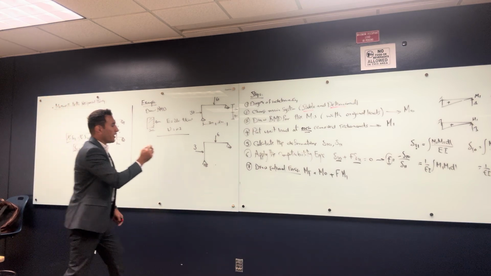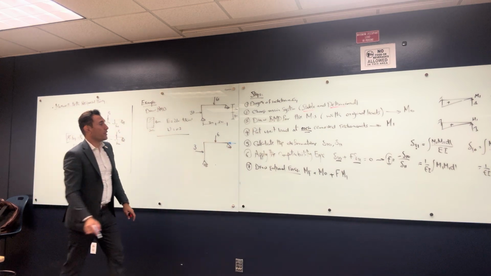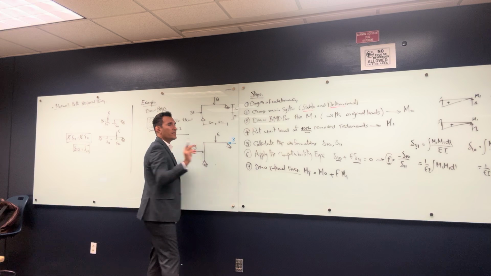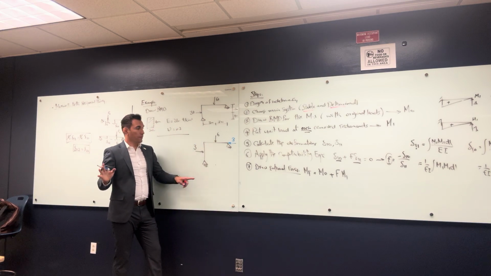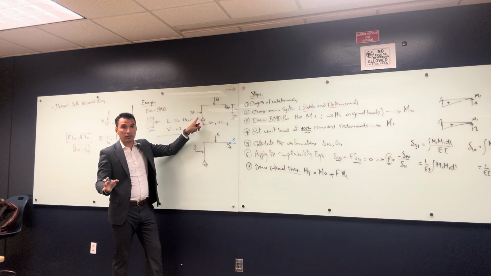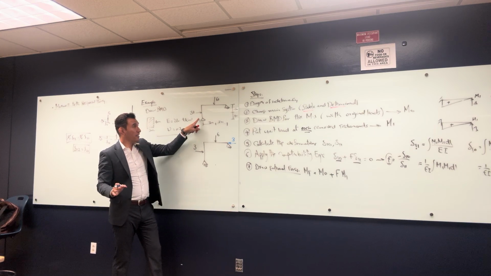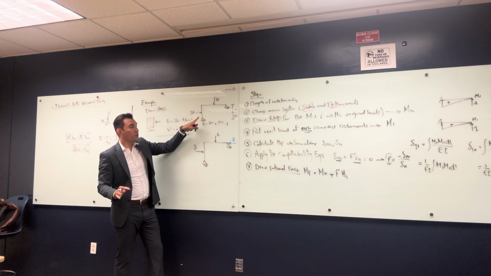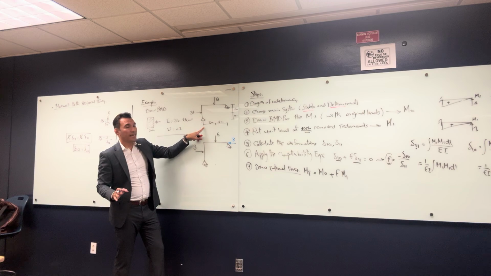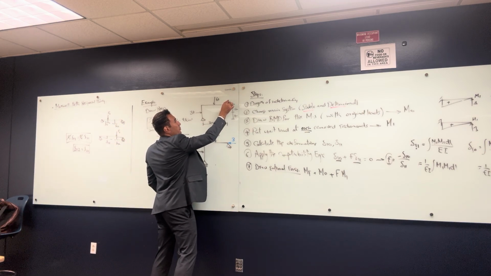For the reactions, you guys tell me, what is the horizontal reaction here? 3, right? But let me ask you something. At the end, what we are looking for from solving this is the horizontal reaction here that I removed, right? I made this from hinge to roller, so I removed the horizontal reaction here, so that's what I'm looking for. So at the end, once we solve this problem, do you think that the reaction here is gonna be 3?